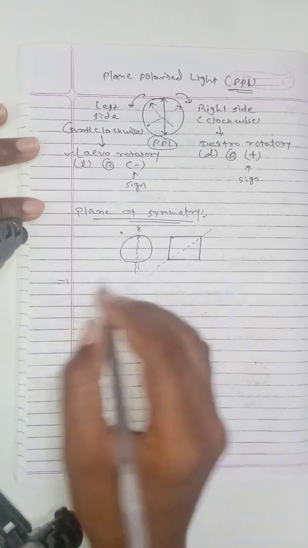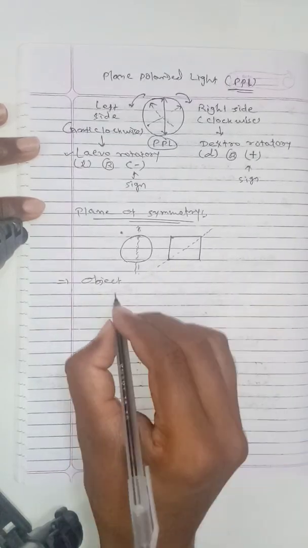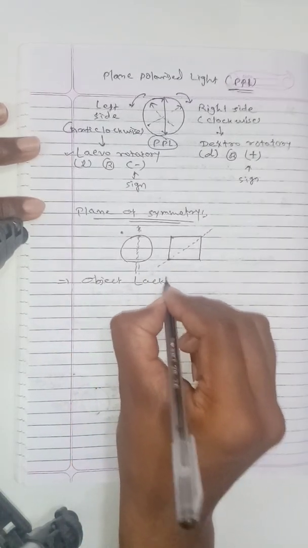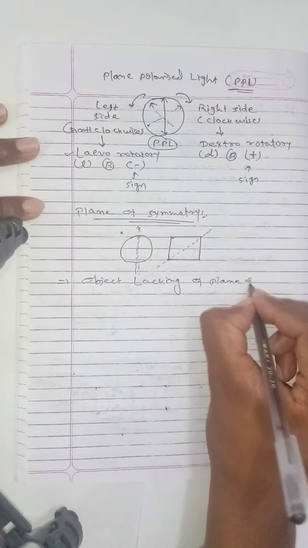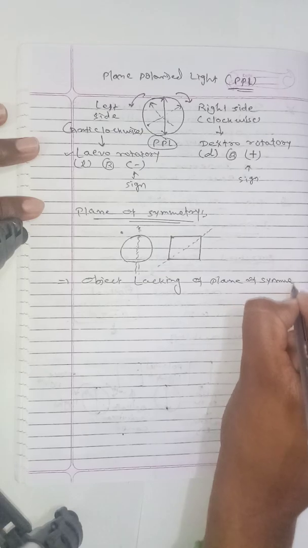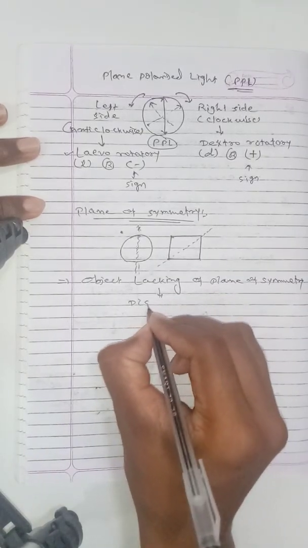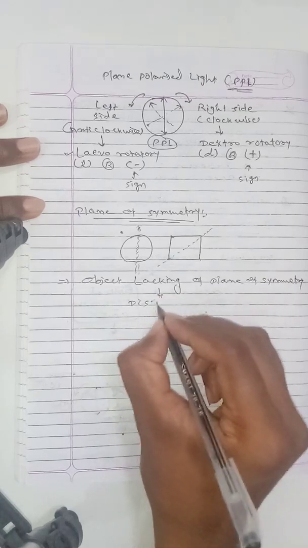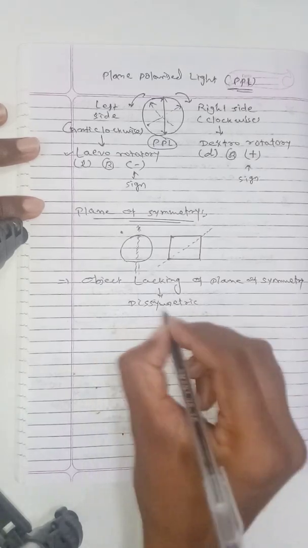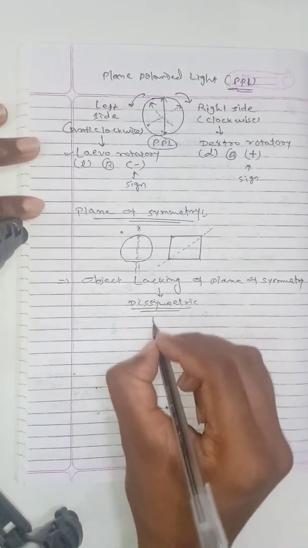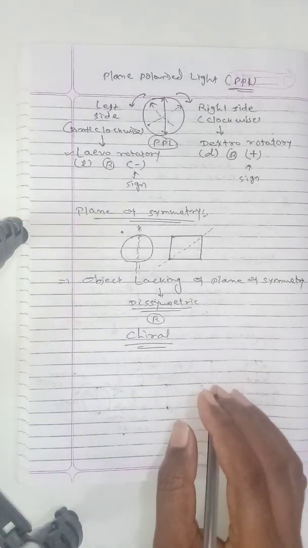An object lacking a plane of symmetry is said to be dissymmetric, or chiral.